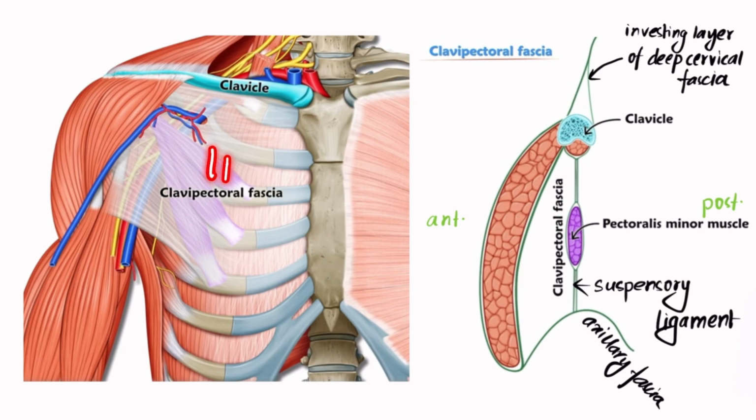Here's the external muscle of the second intercostal space. The fascia arises from the first two external intercostal muscles. Laterally, the fascia attaches to the coracoid process. So here's the coracoid process. This is where the fascia attaches to.